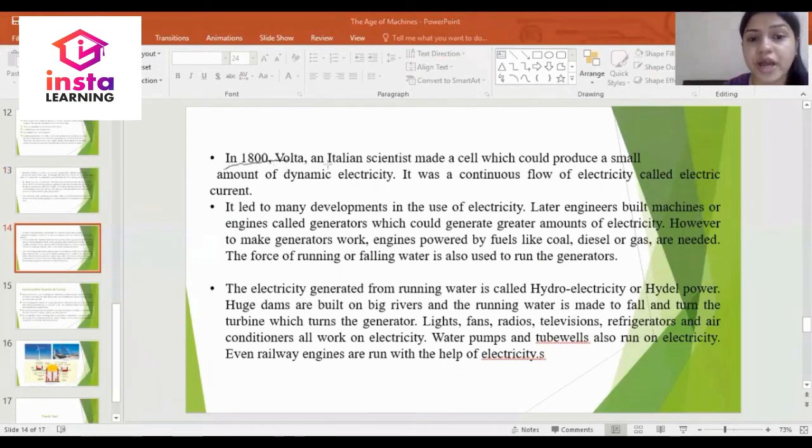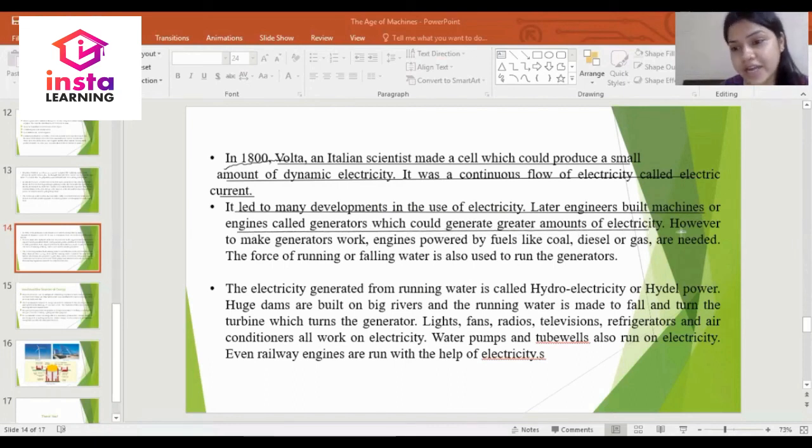In the 1800s, Volta, an Italian scientist, made a cell which could produce a small amount of dynamic electricity. It was a continuous flow of electricity called electric current. It led to many developments in the use of electricity. Later, engineers built machines or engines called generators, which could generate a greater amount of electricity.